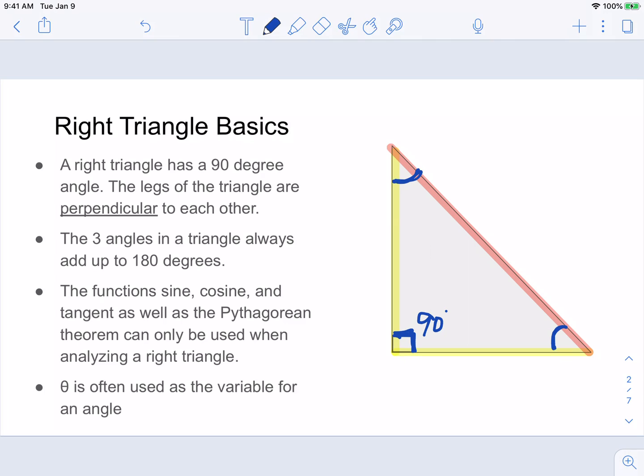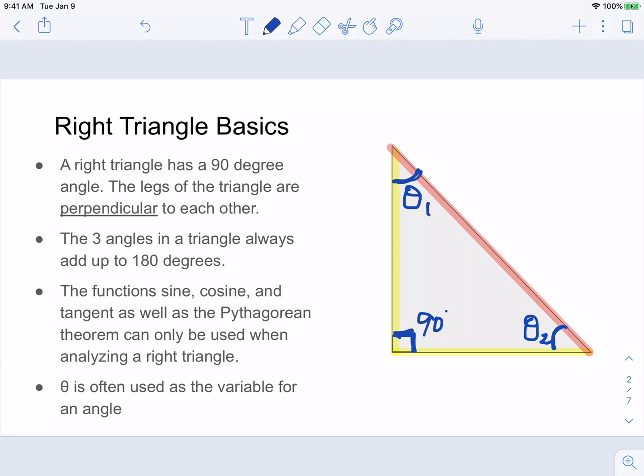Sometimes what I'll do is I will use variables, and we've talked about variables before. I'm going to say theta 1 here. That just stands for one angle, or angle number 1. And down here I'll write theta 2. So that's just talking about the second angle. They're just symbols representing angles that we don't know.